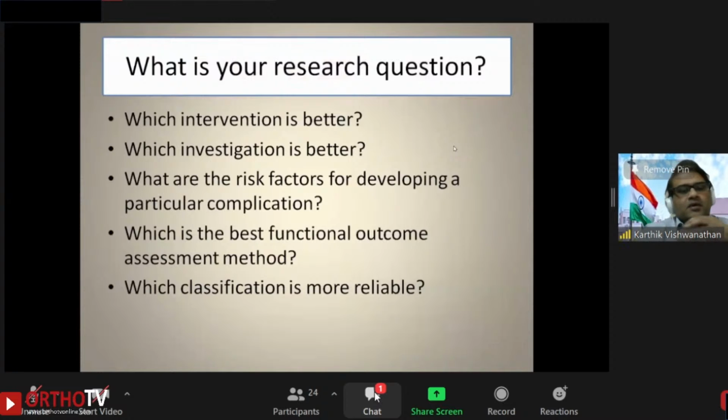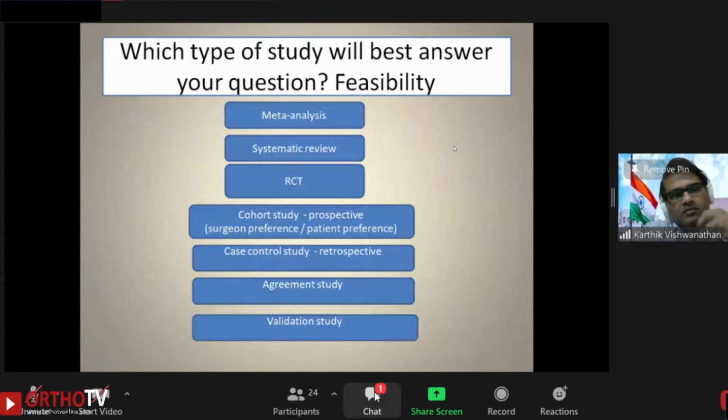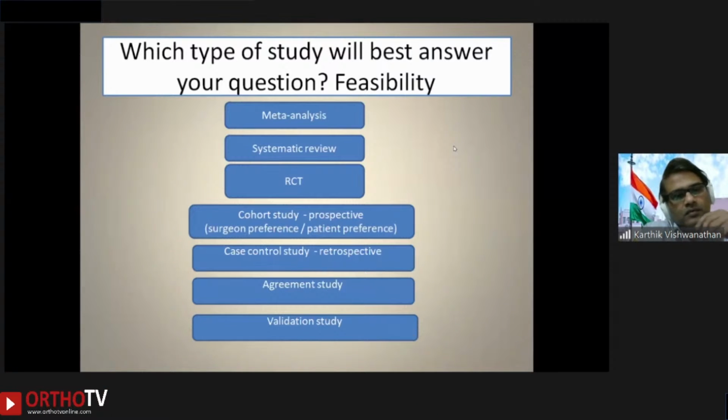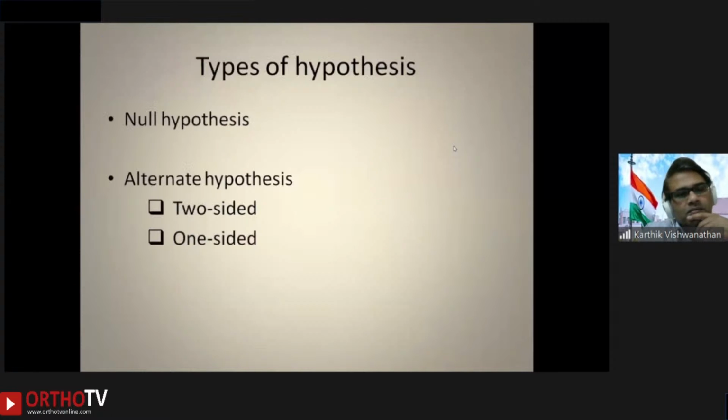You have to form the research question first, depending on what you want to assess of any particular orthopedic condition. Then you need to choose the type of study that will best answer your question. Also, it is important to note that it should be feasible in your present workplace. Commonly, there are two types of hypothesis.